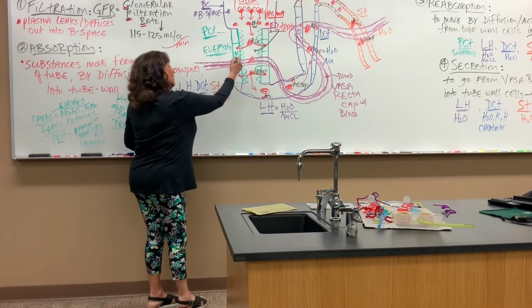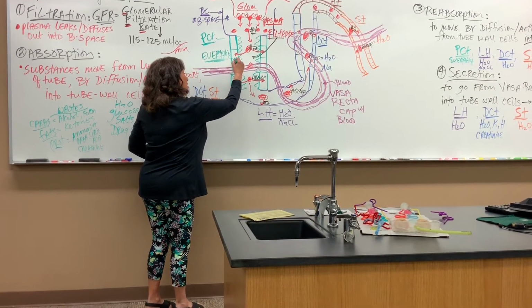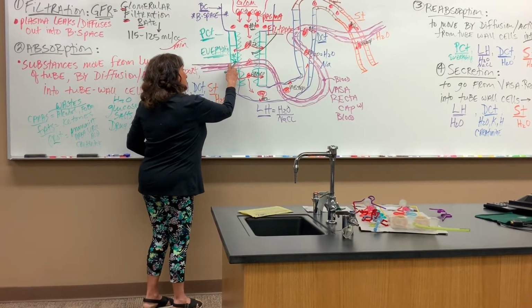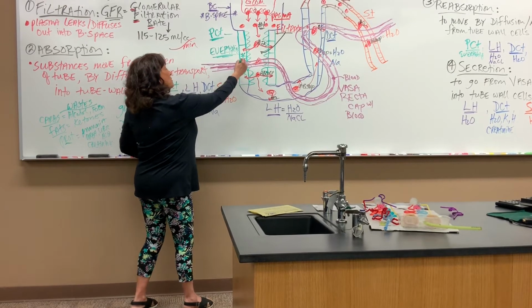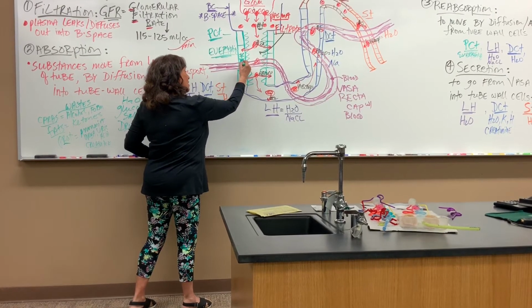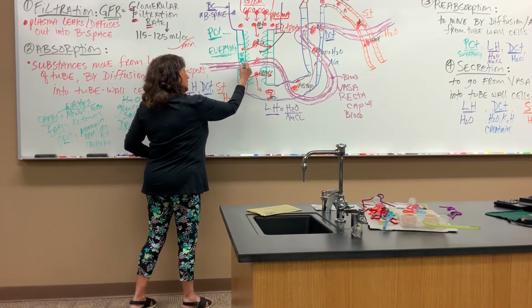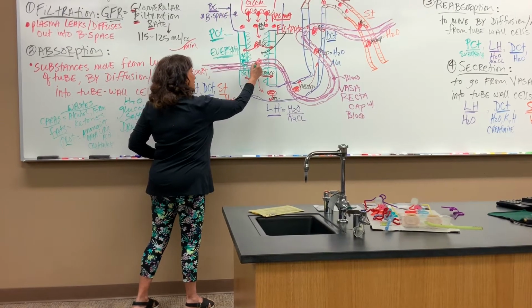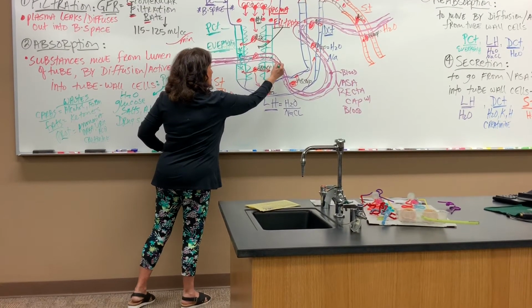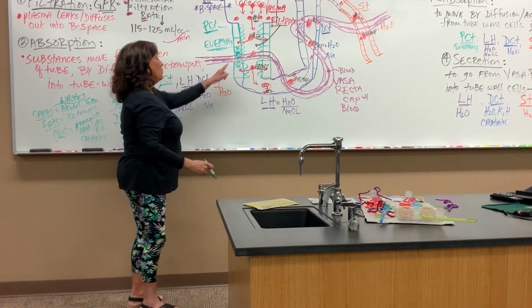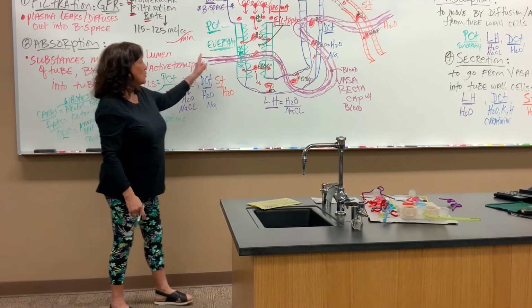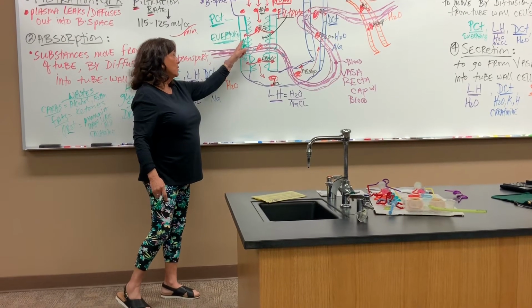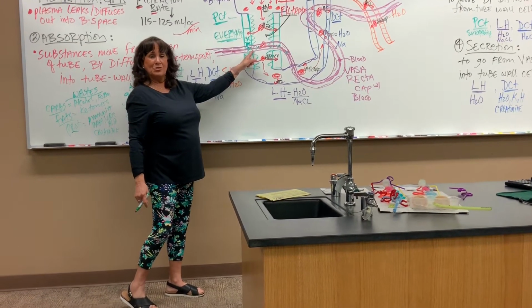So basically, it's got to go from underneath here. These cells right here are going to send their reabsorption materials through the wall of the capillary and put it back in the blood, like this. So it just reabsorbed something. Now what gets reabsorbed? Whatever you absorbed into the cells can be reabsorbed right back into your blood.